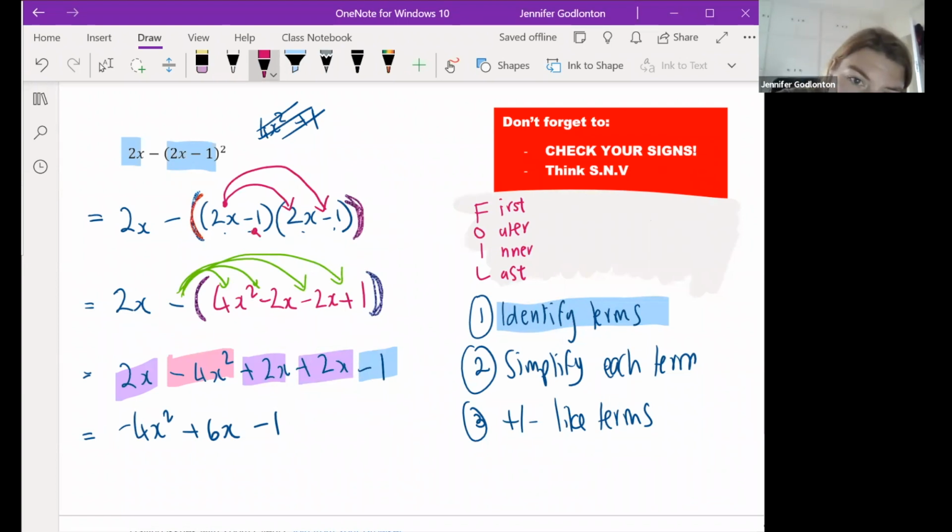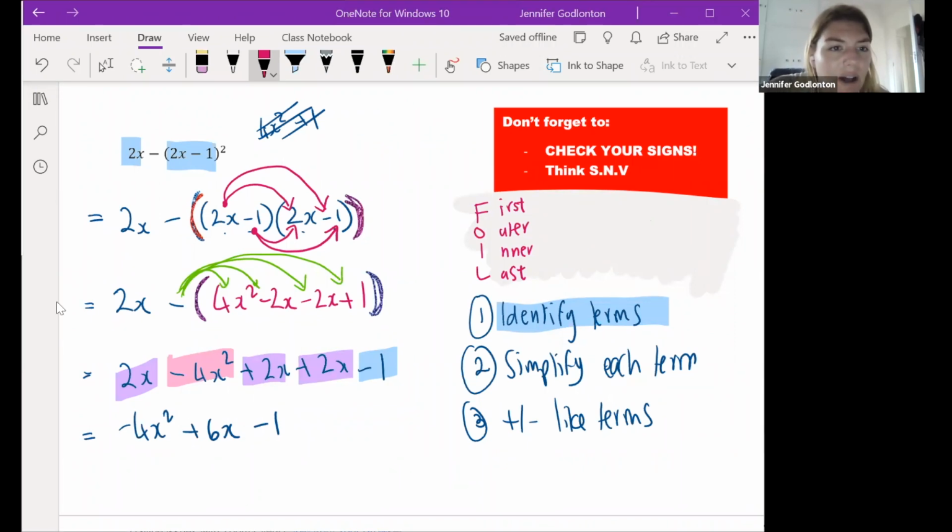This negative 1 needs to multiply with that 2x, and this negative 1 needs to multiply by that negative 1. Okay, that's all FOIL is. FOIL is just making sure we multiply everything in the first brackets by everything in the second brackets. Thank you, ma'am. No problem.